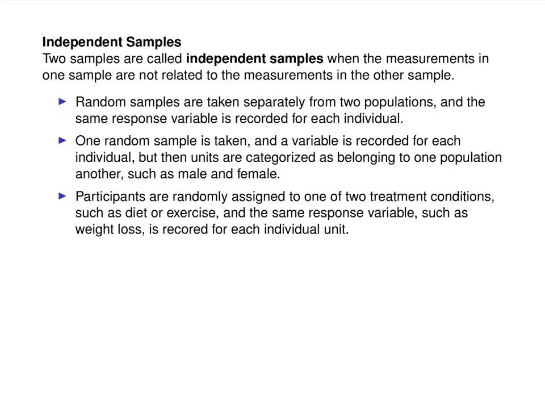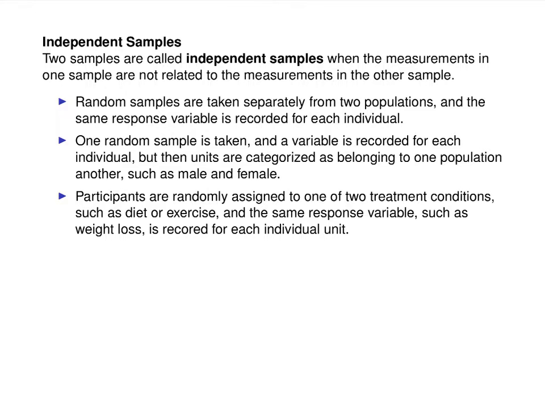Independent samples are when one sample is not related to the other. You take random samples from 2 populations and the same response variable is recorded for each individual. So I could compare a class at UAF to a class at UAA, your 2 separate groups for the most part. Or you take 1 random sample and a variable is recorded for each of you, but then I categorize you based on whether you belong to one population or another.